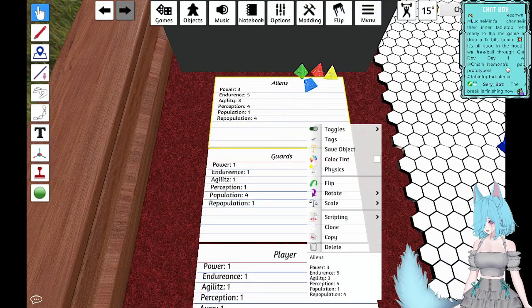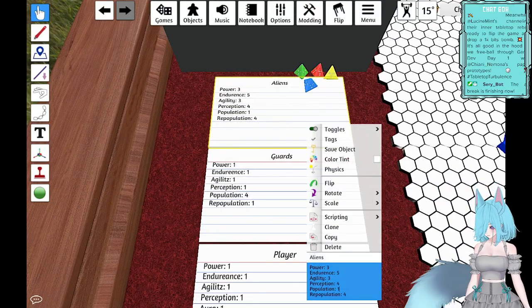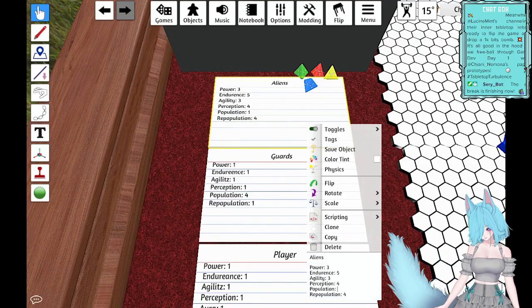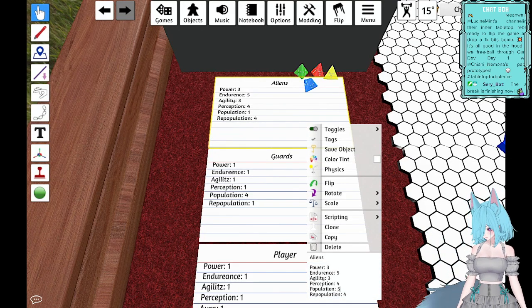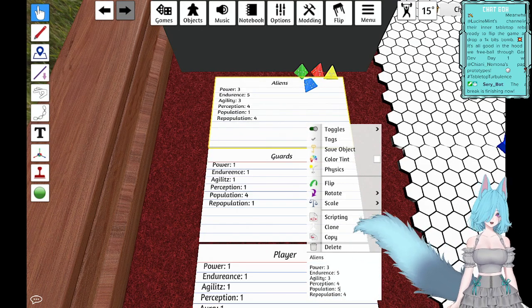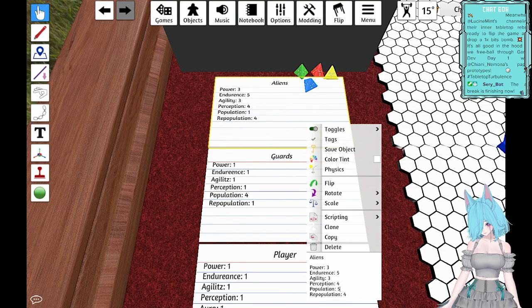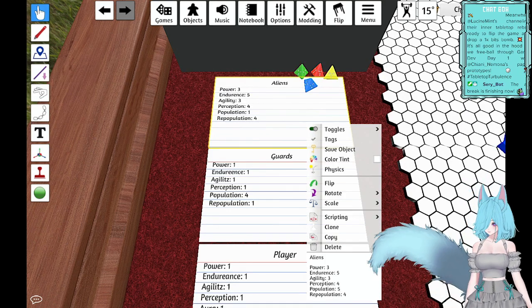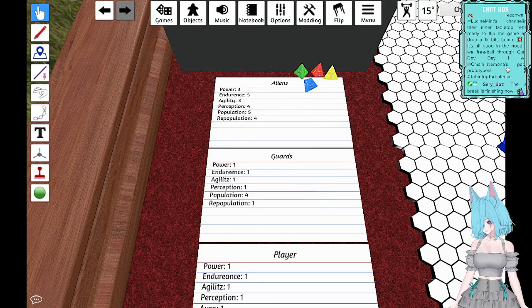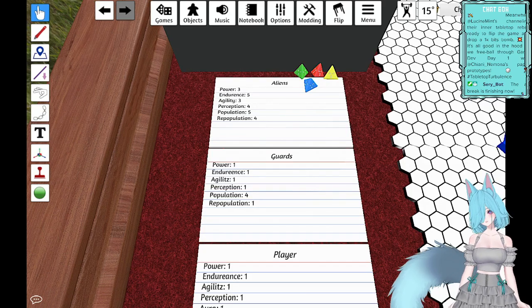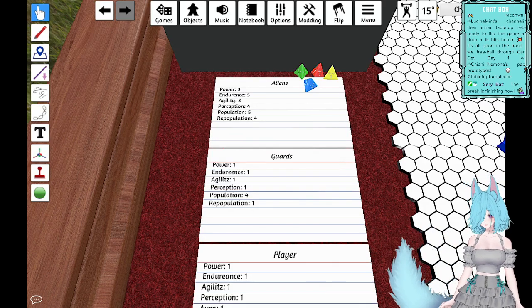So, right off the bat, we're dealing with more aliens than we're dealing with guards. So, the guards need to kill 5 aliens.